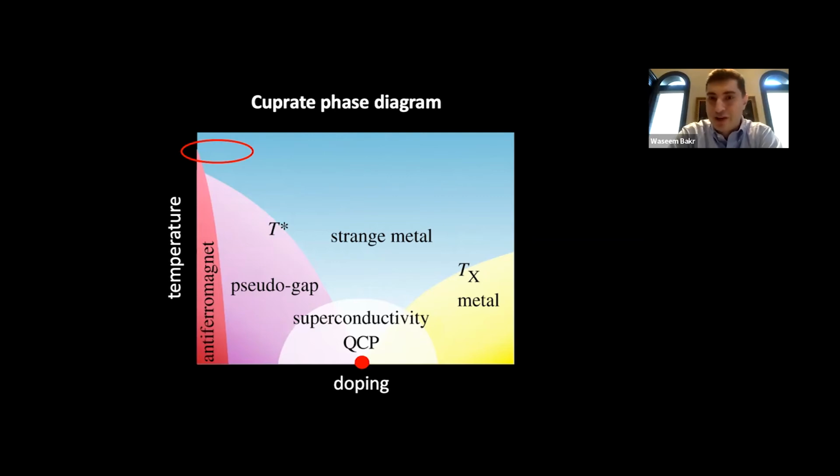In the pseudogap phase, again, there's a behavior in the gap that we don't understand. But the microscopics of what causes these behaviors, in particular what is the glue that pairs the fermions in order for them to condense into a superconductor, that's what we don't understand.